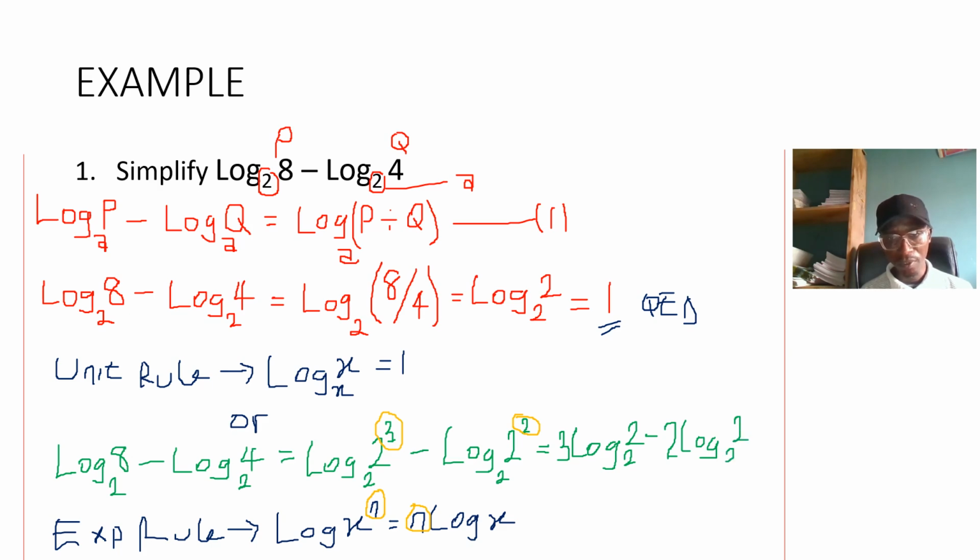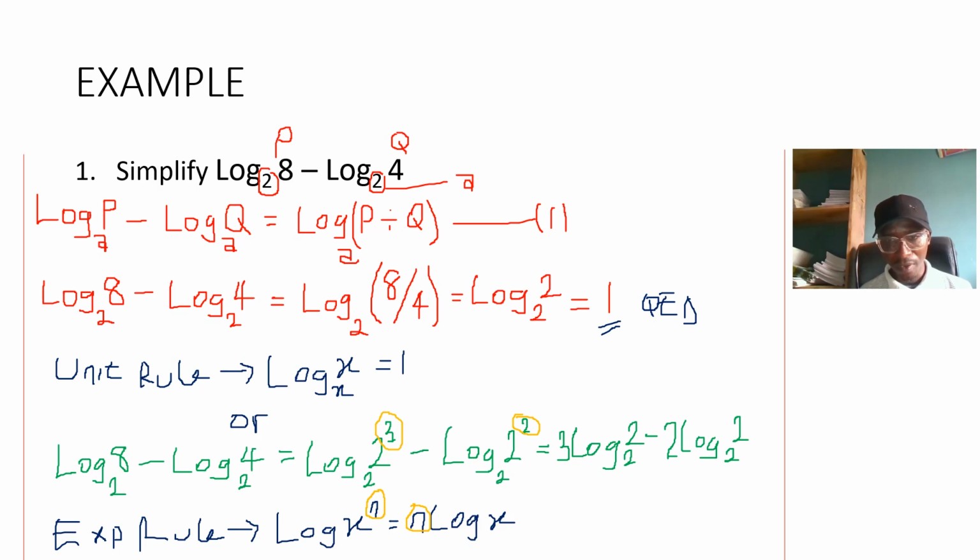So the problem is half solved now, because we know from the unit rule that log x base x is equal to 1. That implies that log 2 base 2 here will be 1, and log 2 base 2 here will also be 1.